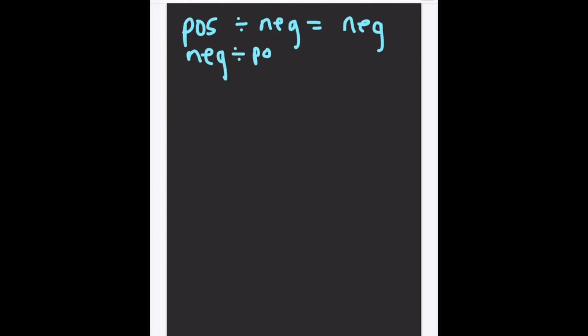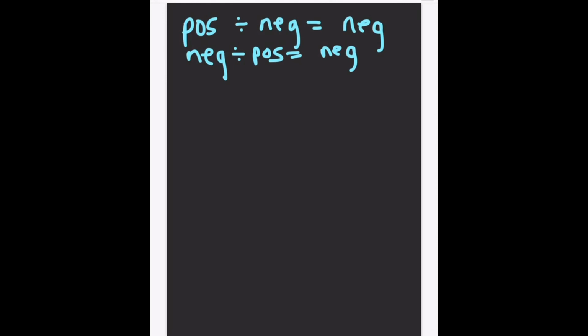A positive divided by a negative always gives you a negative answer. A negative divided by a positive always gives you a negative answer.